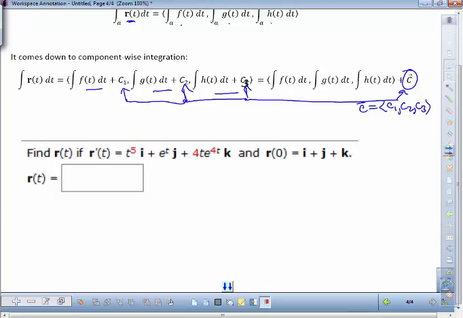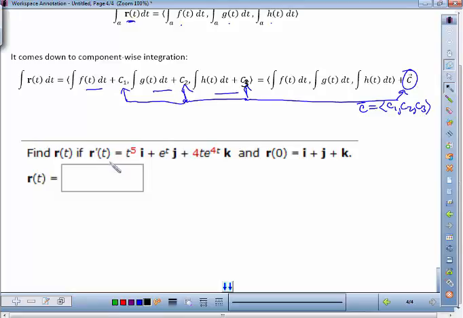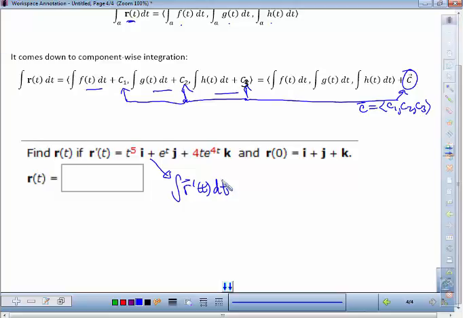So let's take the antiderivative of r prime of t dt. The fundamental theorem of calculus says that this should be the integral of each of these components. Now this is written in ijk form, but we can switch back and forth.